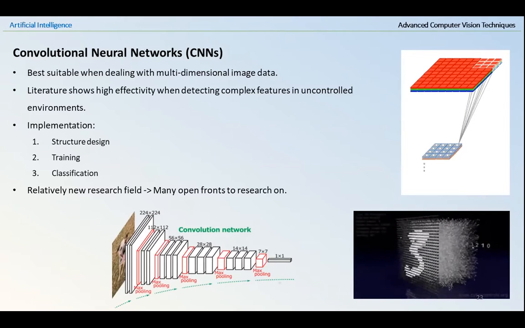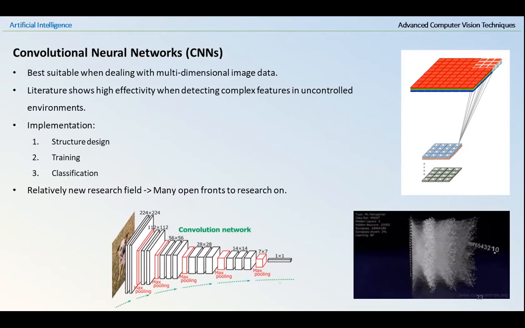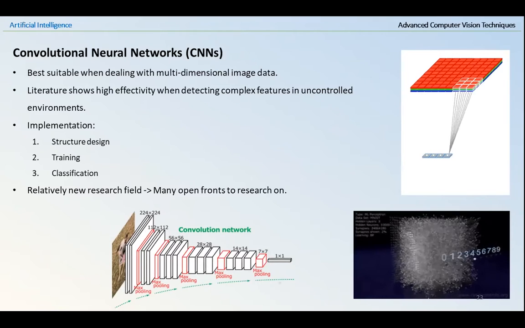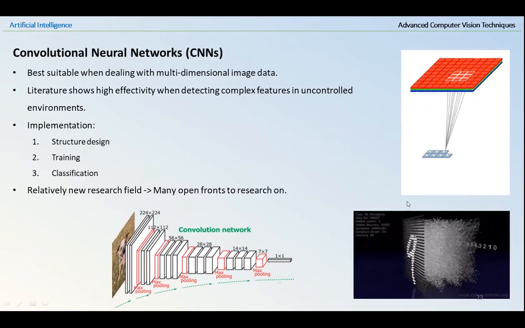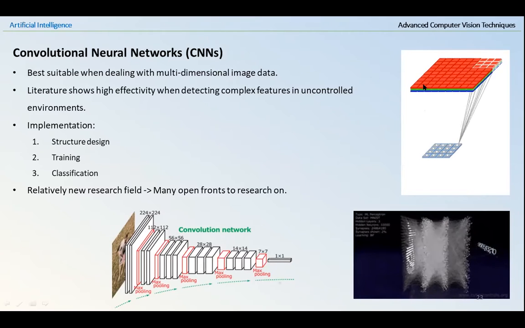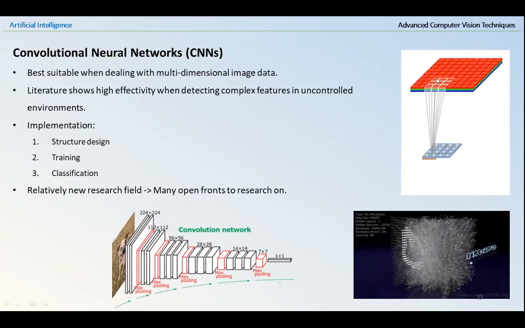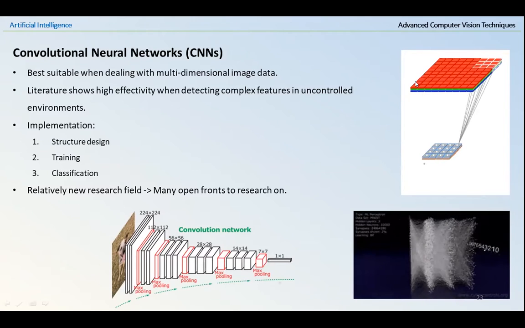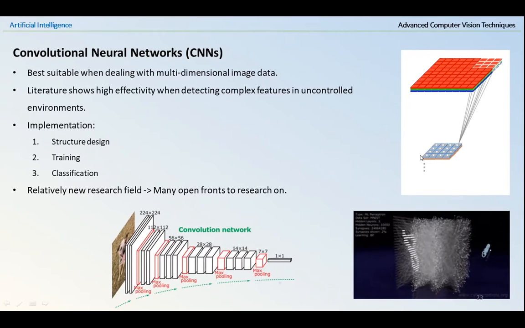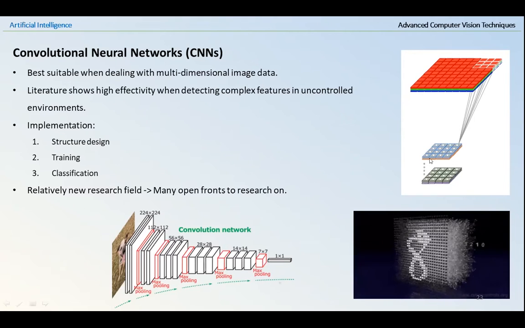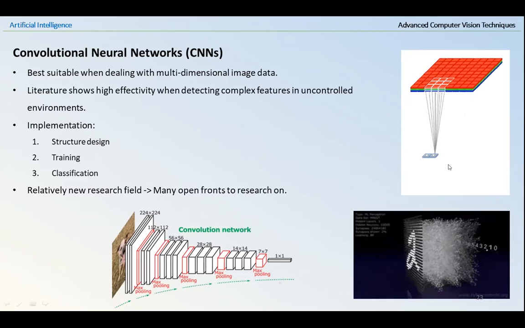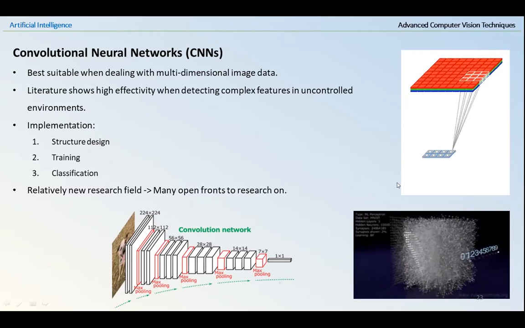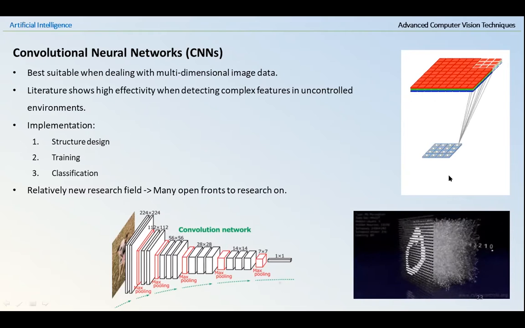They have demonstrated very high effectiveness detecting complex features in uncontrolled environments. It just sounds like magic, but look at this animated picture. It works like the sliding window we have previously seen. It takes a small piece of the image, performs a convolution, which is a bunch of multiplications, and gives the result to another smaller image. And it repeats the process until only one single value is obtained, which can be 0 or 1 or a probability between them.